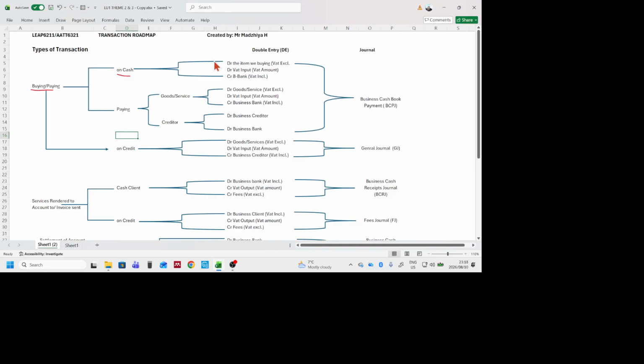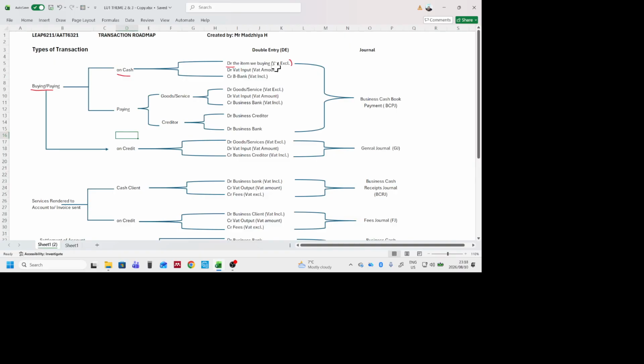When we record this transaction, we're going to debit the item that we buy. This item, we're going to record at a VAT exclusive amount, because the VAT that we are charged on this particular product we are allowed to claim back. So our actual cost on that product is the VAT exclusive amount.